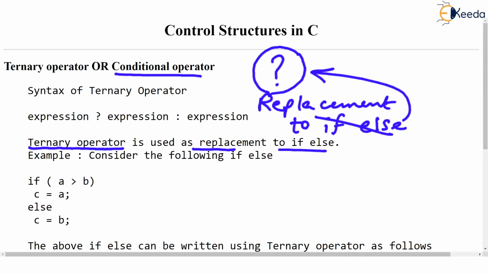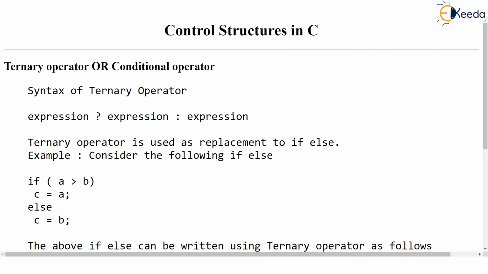Now, as an example, observe the code written below. If A is greater than B, then we want to make C equal to A, else we want to make C equal to B. So in short, C will store the largest between A and B, isn't it? Now the same thing we want to write using question mark.